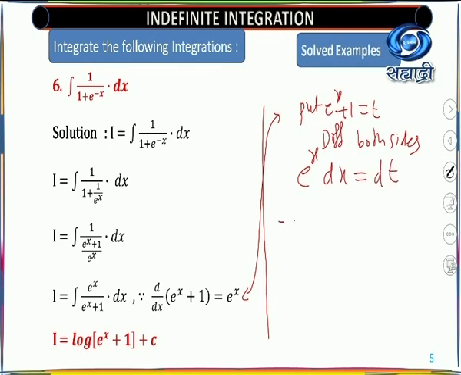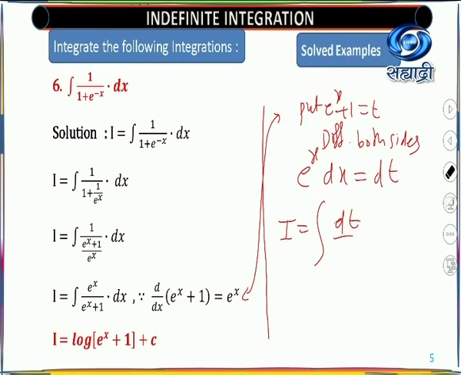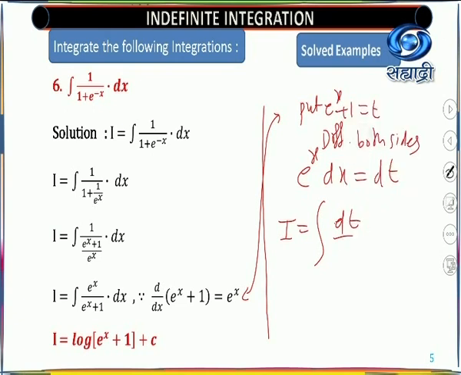That substitution gives you, your I is changed now. I becomes dt upon e raised to t. Okay, so dt upon e raised to, is it e raised to? No, it is dt upon t. Directly you will get dt upon t, which is equal to integral of 1 upon t dt, which is nothing but your log.